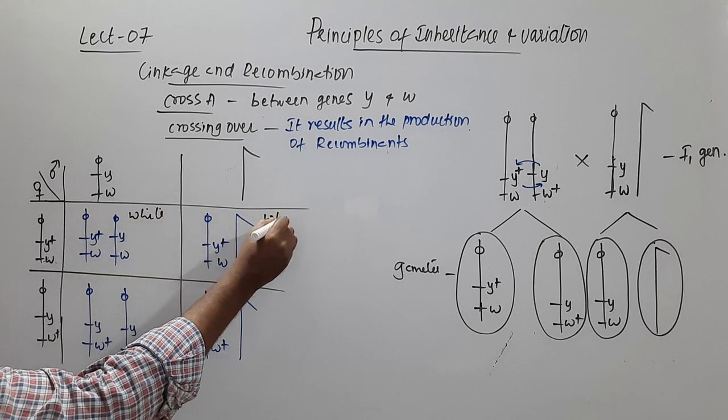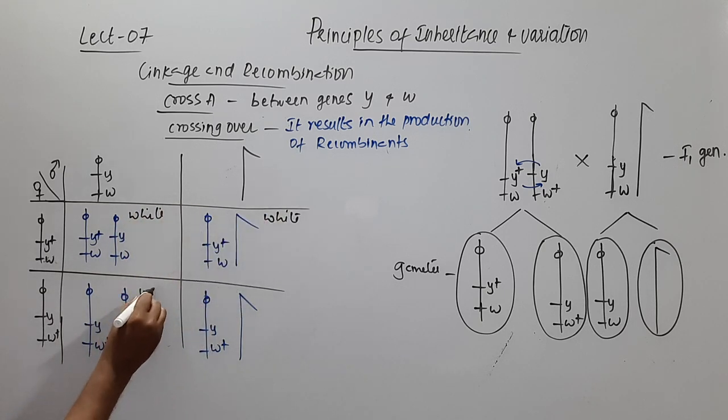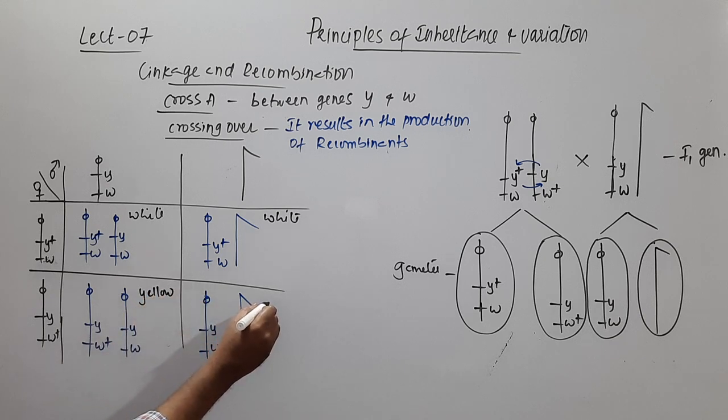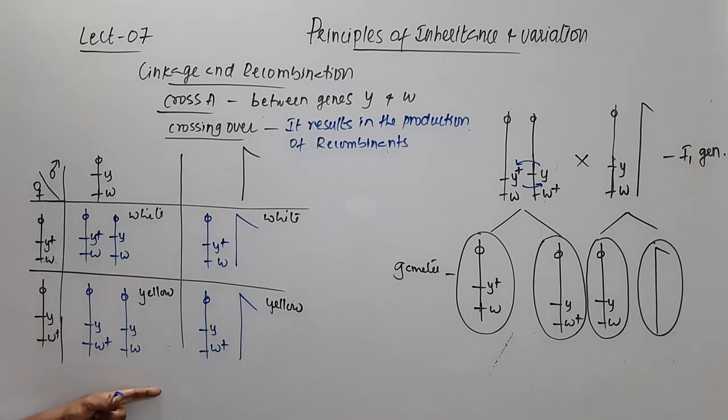So this is white, and you can see in this case the white and yellow got separated. In the earlier case they were present together, so that is the reason why we had more parental combinations. In this case the white and yellow got separated, so hence we obtained the recombination.